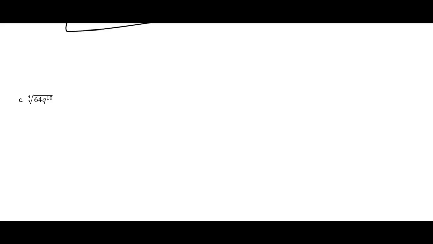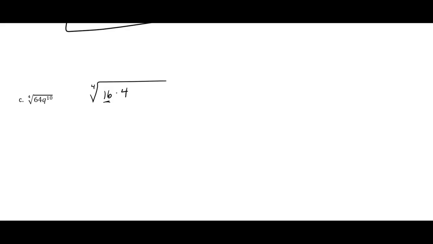So we need a 4th root. Okay, so even root, so I got to worry about absolute value. And then I have 64. 64 is 16 times 4. And 16 is a 4th power.